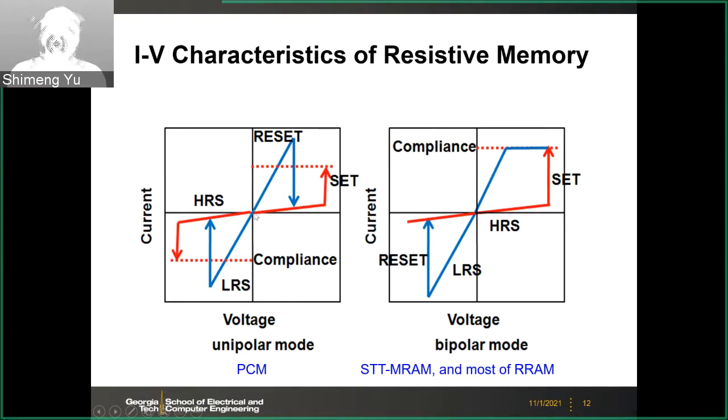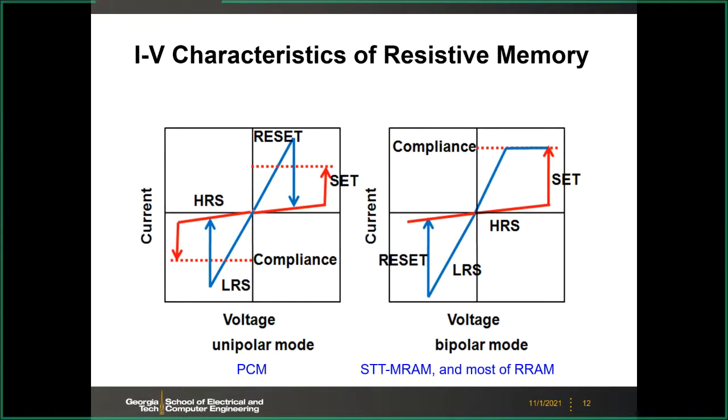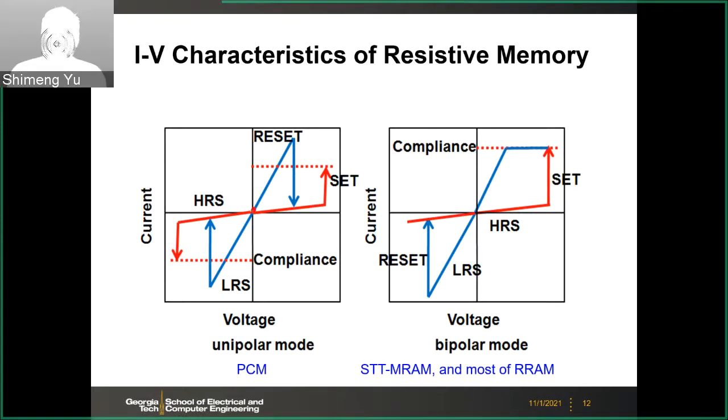For example, here you apply voltage, you sweep voltage from 0 to some positive voltage, and then you can change the device from the high resistance state to the low resistance state.